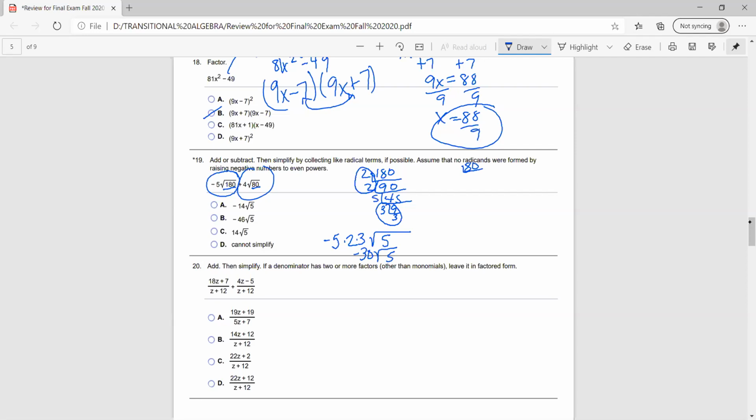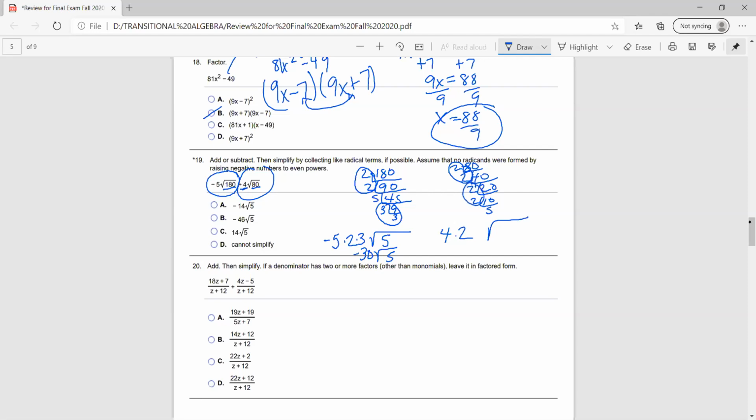So the 4 we know can come out. 2 will go into 80 40 times. I think I said that backwards, sorry. 2 will go into 80 40 times. 2 will go into 40 20 times. 2 will go into 20 10 times. 2 will go into 10 5 times. Pull out a 2 that would come out here with the 4 that's already there.